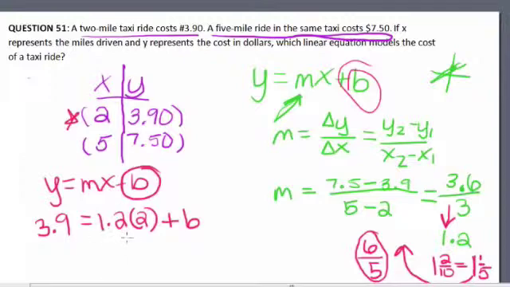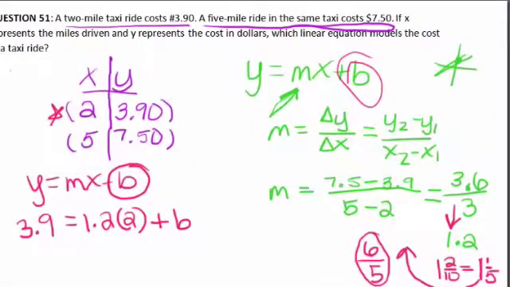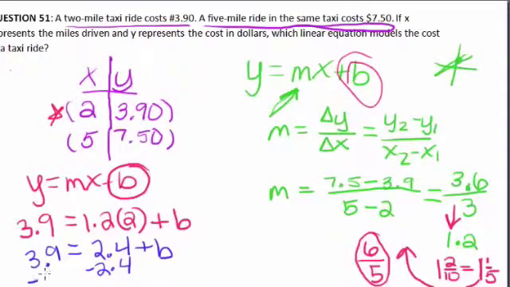Now let's solve this. All right, 1.2 times 2, that looks like the easiest one to solve. That is 2.4. So we're left with 2.4 plus b on this side and 3.9 on the other side of the equation, but we need to isolate b, get it by itself. So let's subtract 2.4 from both sides.